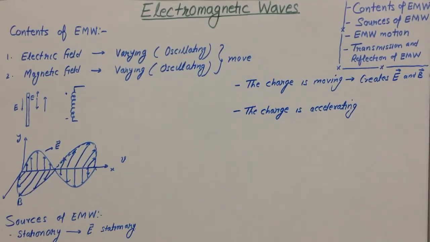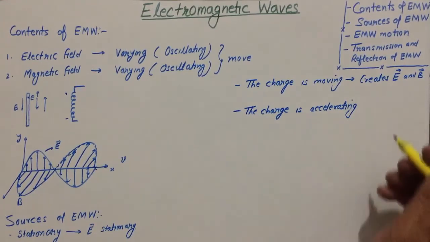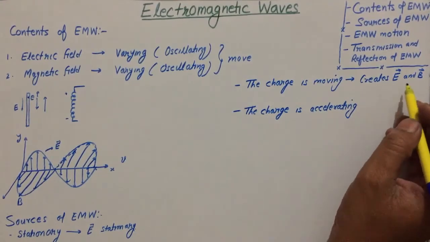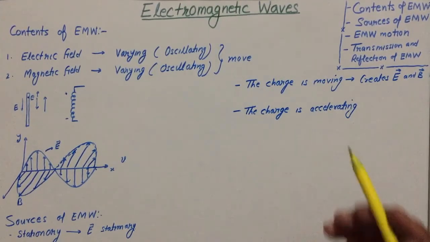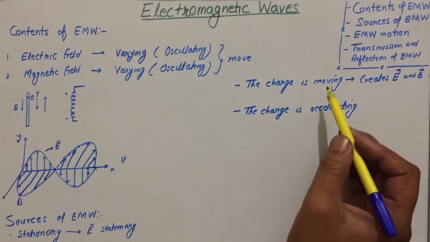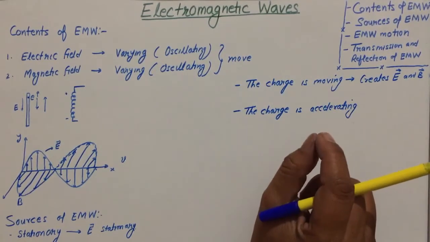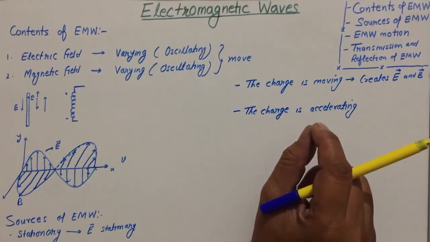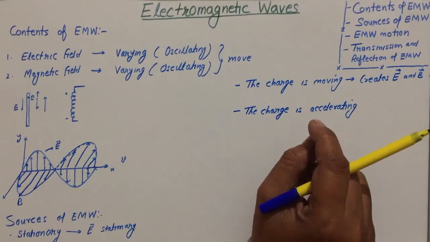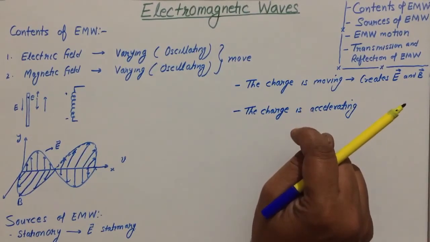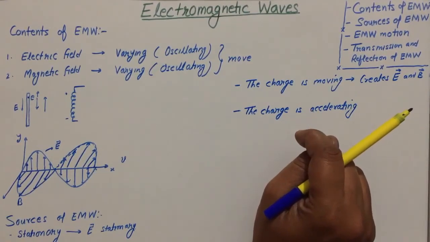One thing should be clear at this point: the current, moving current, does not create electric field. It creates only magnetic field. Here the moving charge means the charge itself is moving. In a conductor, when there is flow of current, the net charge is zero.